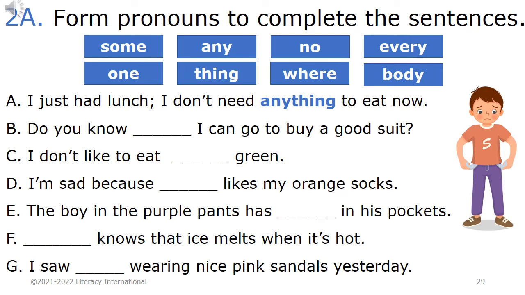C. I don't like to eat anything green. D. I'm sad because no one likes my orange socks. E. The boy in the purple pants has something in his pockets. F. Everybody knows that ice melts when it's hot. G. I saw someone wearing nice pink sandals yesterday.